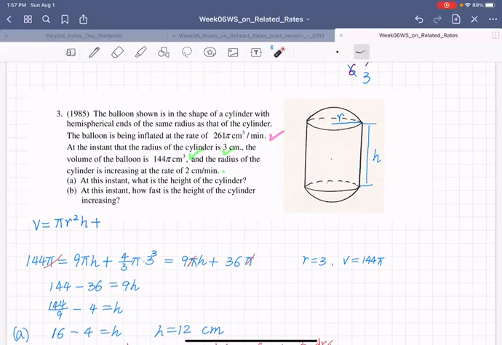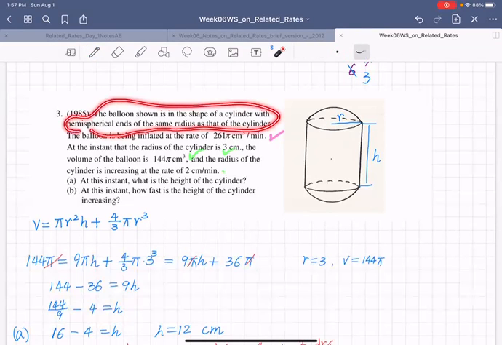And then this top is a hemisphere. This is another. These two together is a full sphere, so it'll be 4/3 pi r cubed. Okay, so this is what we read for the first sentence right here. Okay, now we finish here.